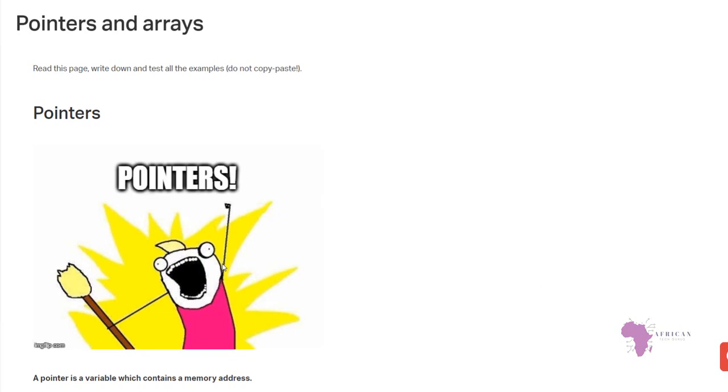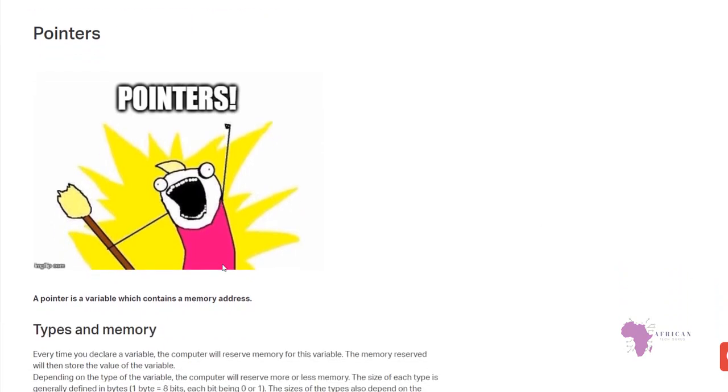So what is a pointer? Basically a pointer is just another variable which will contain the memory address of, let's say, another variable or variables. At the end of the day, remember a variable is a memory location in your PC or whichever electronic device. So it's a memory location and it's a variable.